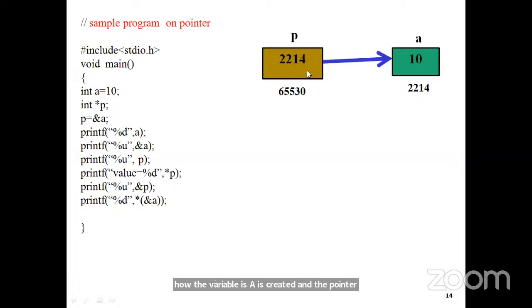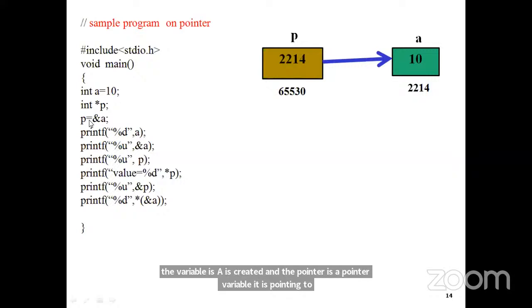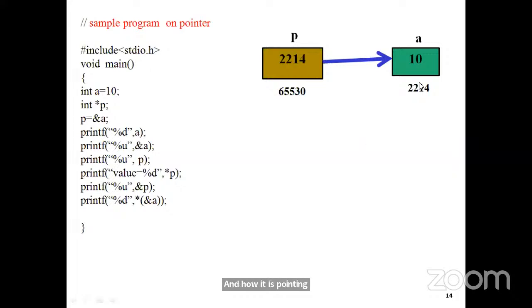It is pointing to another variable. And how is it pointing? P equal to address of A. The P is pointing to 2214, which means the variable P is pointing to the value of A here.